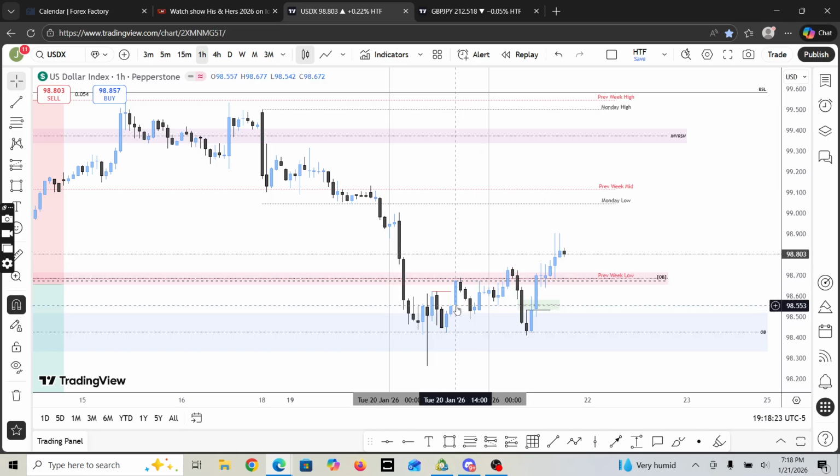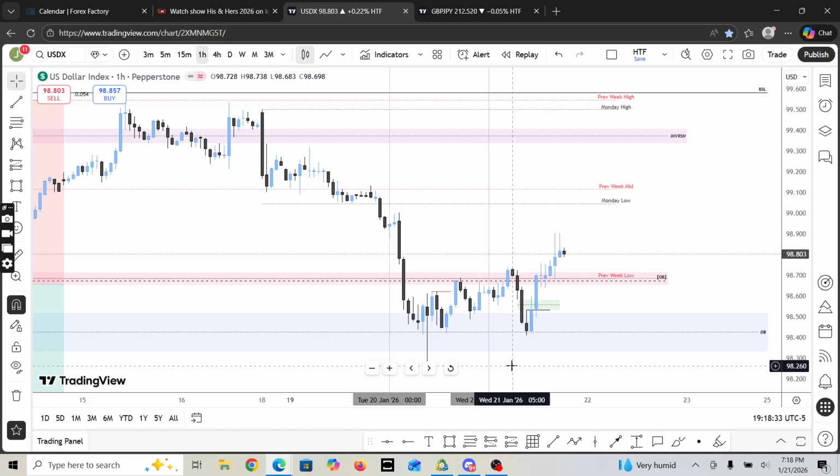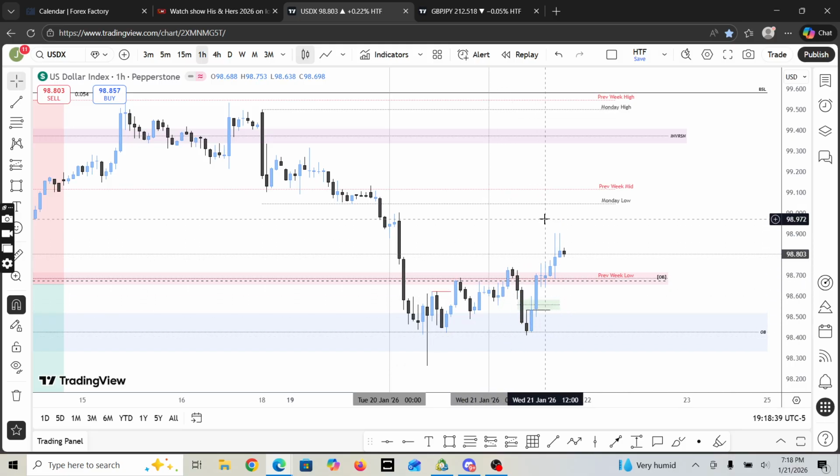So I said it's either we hit this one and then close below this level and use that as a continuation to the downside, or price will just consolidate and then come back with you, right? If you refer to the video I posted yesterday, everything is there.